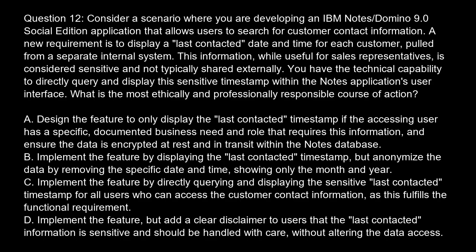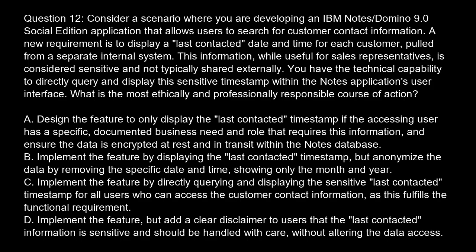Option A. Design the feature to only display the last contacted timestamp if the accessing user has a specific, documented business need and role that requires this information, and ensure the data is encrypted at rest and in transit within the Notes database. Option B. Implement the feature by displaying the last contacted timestamp, but anonymize the data by removing the specific date and time, showing only the month and year.